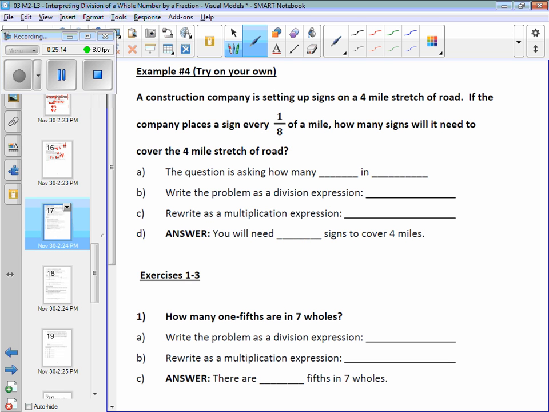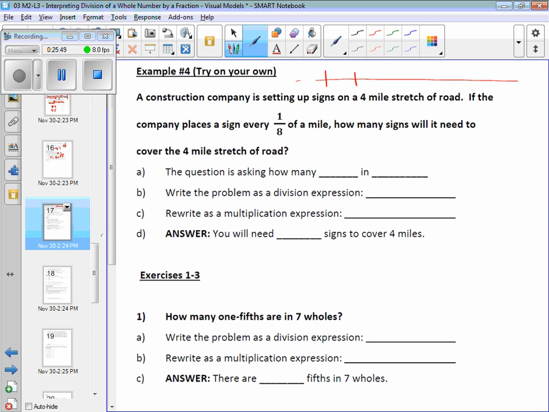If the company places a sign every 1/8 of a mile, how many signs will it need to cover the 4-mile stretch of road? If you get stuck, it's still okay to at least model it in your head. Here's my 4 miles, and every 1/8 of a mile I have to put a sign. Sign, sign, sign. So it kind of helps you to at least see it. So it's asking you, how many what in what?